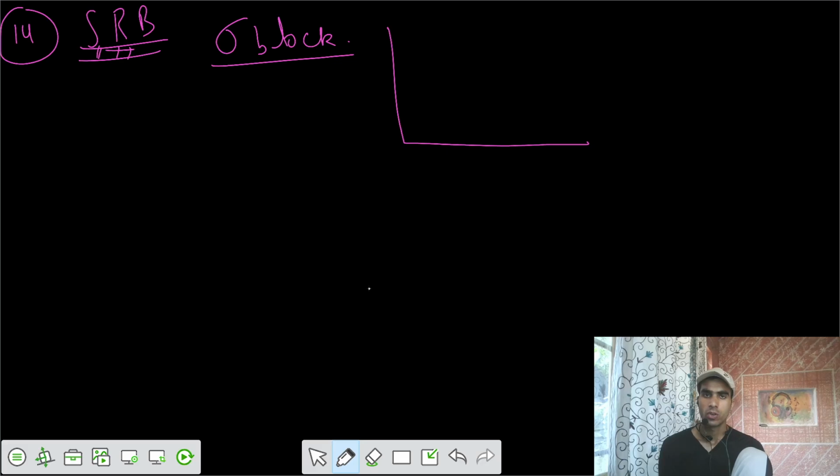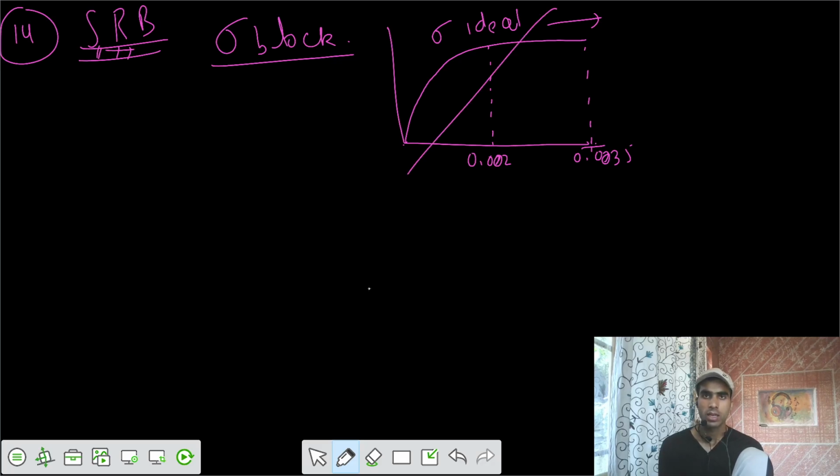Initially, our assumed stress-strain variation was in this fashion. It was parabolic up to the strain of 0.002, and then it remained constant up to the failure strain of 0.0035. This was the idealized stress block that was used during derivations. Now, in this problem, it's saying that you don't use this one, you go in this fashion.